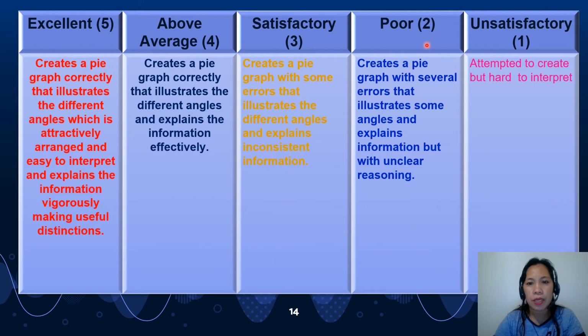For 4, 2 points. Creates a pie graph with several errors that illustrates some angles and explains information but with unclear reasoning. Unsatisfactory, 1 point. Attempted to create but hard to interpret.